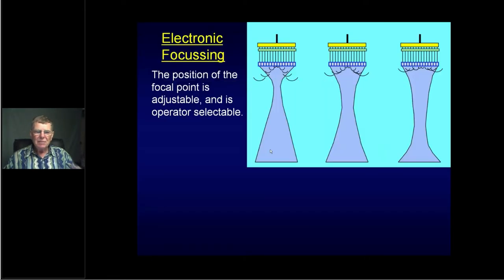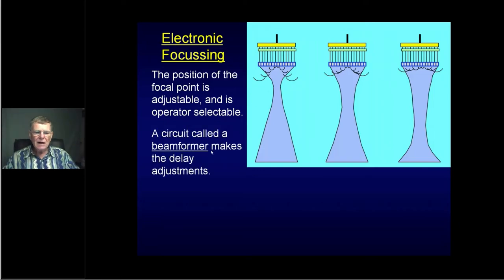So brilliant. Now here's where the real magic starts. It's adjustable. All you have to do is make changes to the delays that are being applied to the transducer elements, to the voltages going down. So as you can see on the left here, the delays are more marked, and it gets less as we move to the right. That electronic circuit that I mentioned before, the beamformer, makes these delays for you.